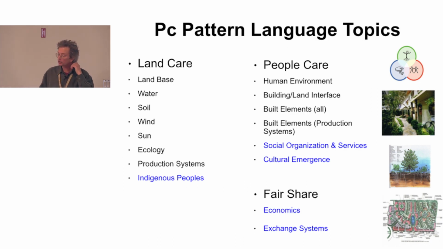So as we get into this language, we have to start with some sort of groupings of topics. So essentially then, the topics that we're willing to work with are those that Holmgren reminds us of in permaculture, which is land care, people care, and fair share.